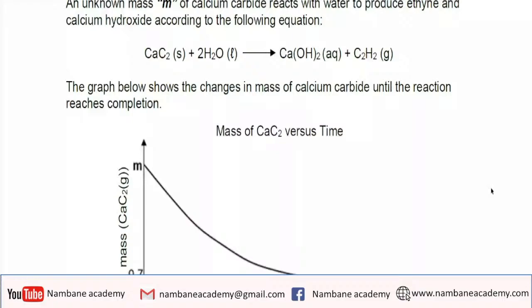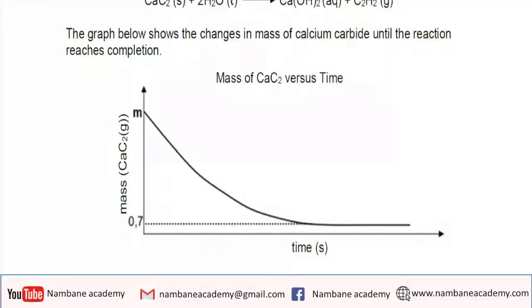The graph is an increasing function, exponentially, and it ends at 0.7. Then it says the actual mass of ethine produced is 3.25 grams.